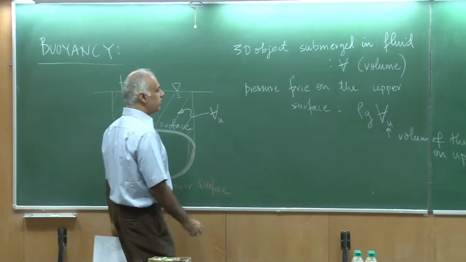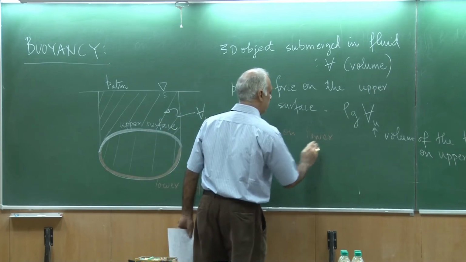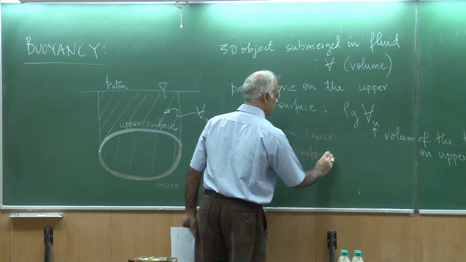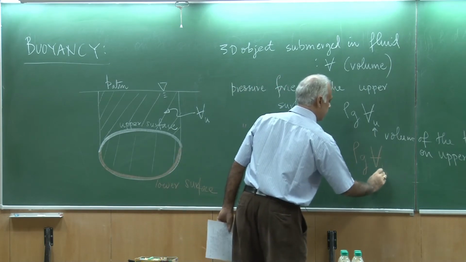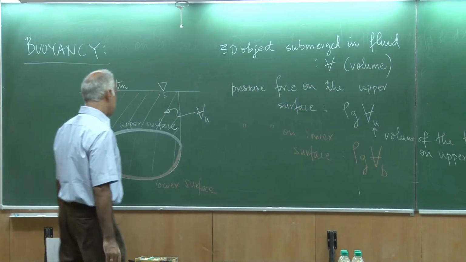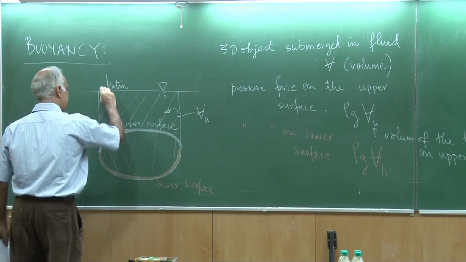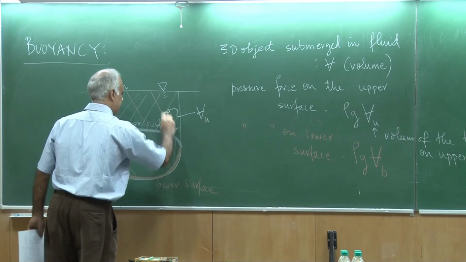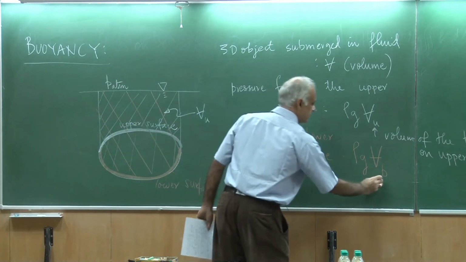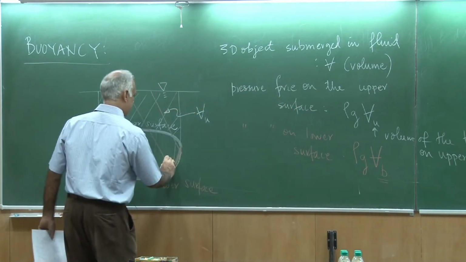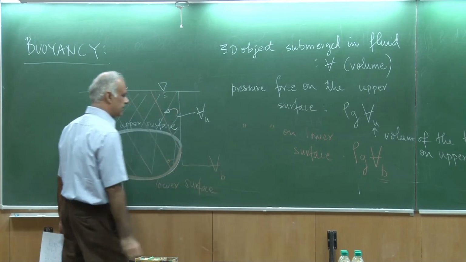Now I could talk about the pressure force on the lower surface, and that would be given as rho g V bottom, and that would be this prism. So this region is the bottom surface.